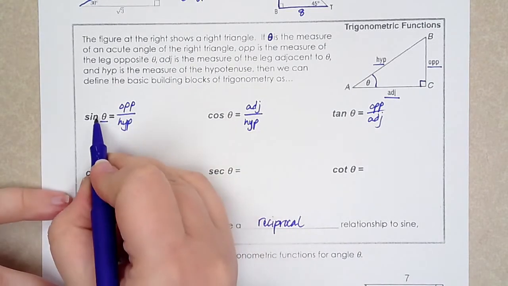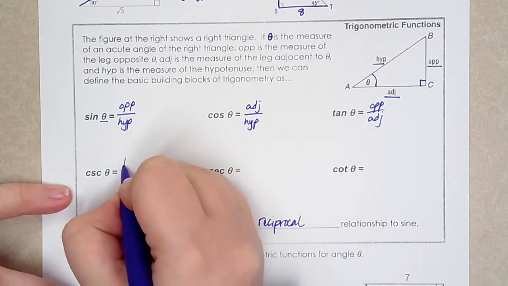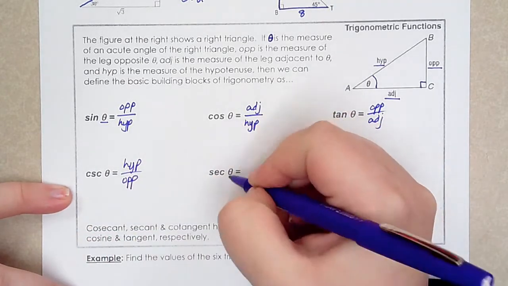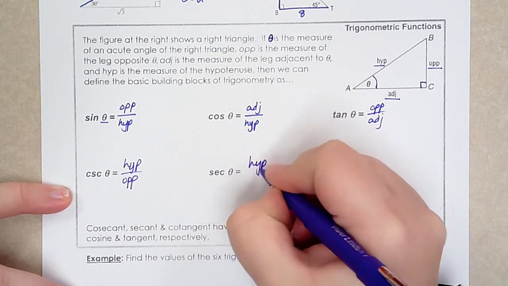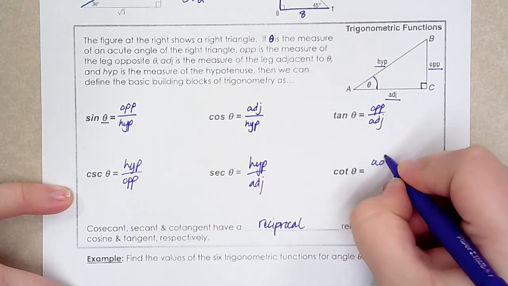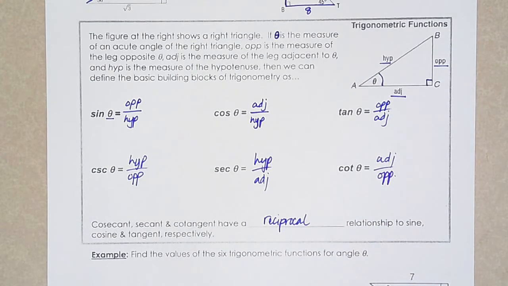So the reciprocal of opposite over hypotenuse would be hypotenuse over opposite. Cosine to secant becomes hypotenuse over adjacent, and cotangent becomes adjacent over opposite. Now we have all those relationships accounted for.